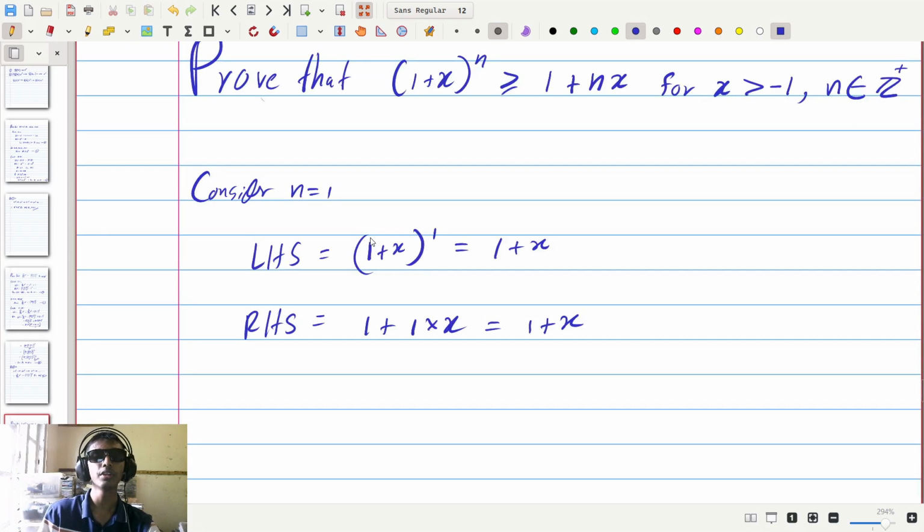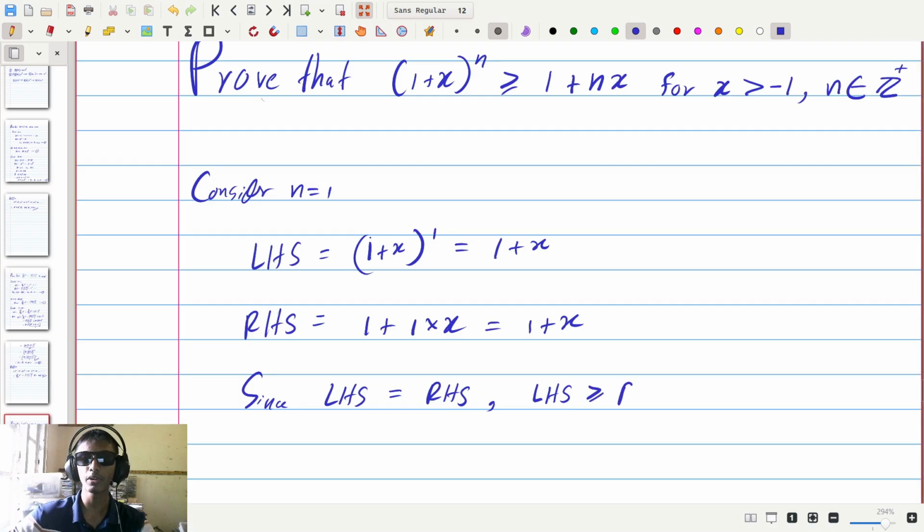So since LHS is equal to RHS, we can also say that the LHS is greater than or equal to the RHS. Since this condition holds, we can say that it's true for n equals 1. So we can say down here, therefore, true for n equals 1.